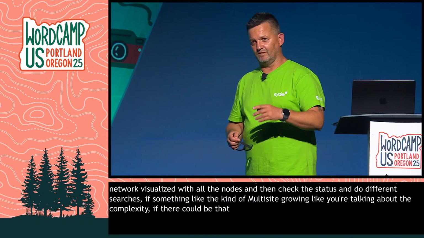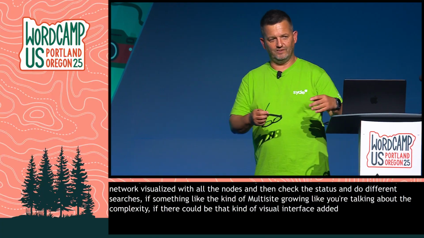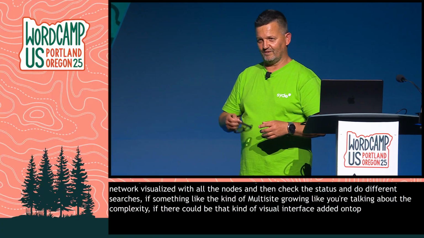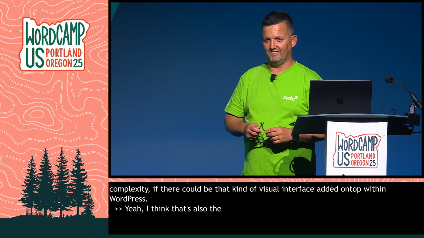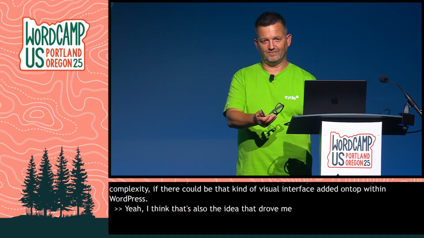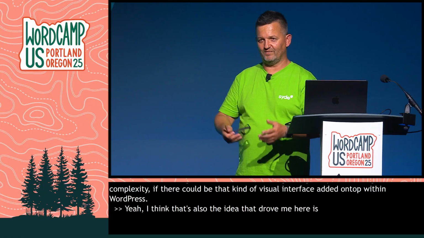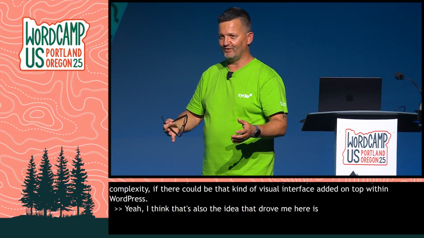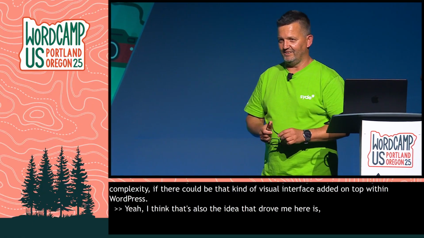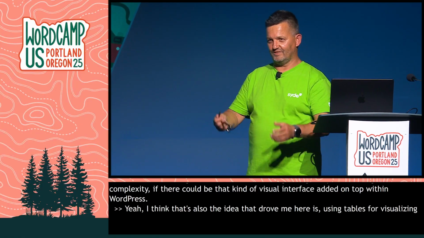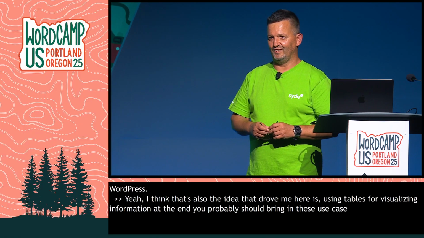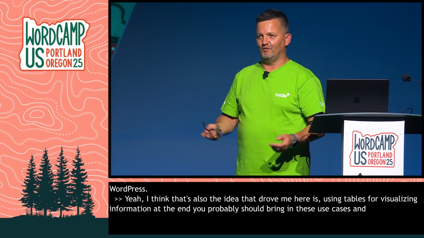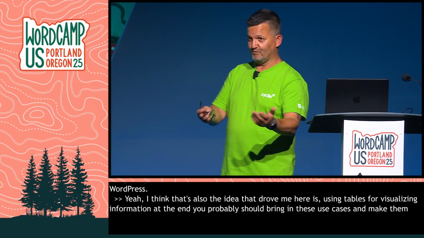Yeah, I think that was also the idea that drove me here, that we think about the interfaces. Right now WordPress uses tables for visualizing our information. At the end, we should probably bring in these use cases. Probably information is missing for developers.